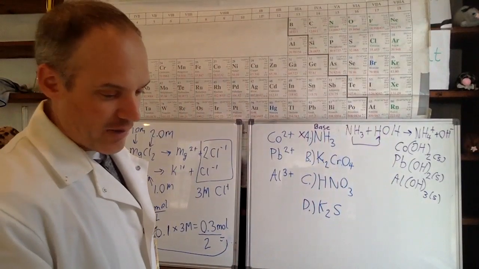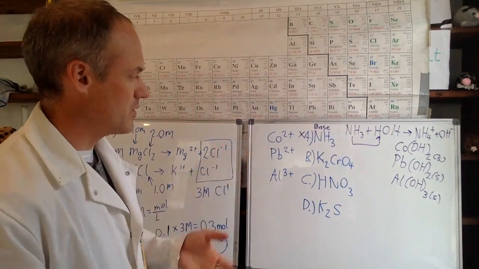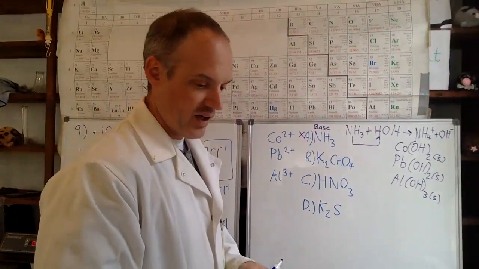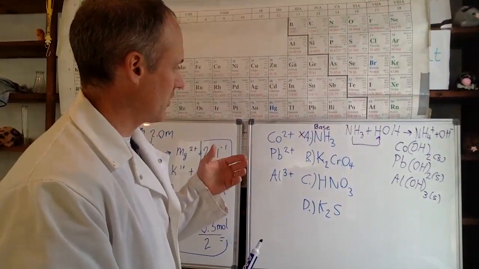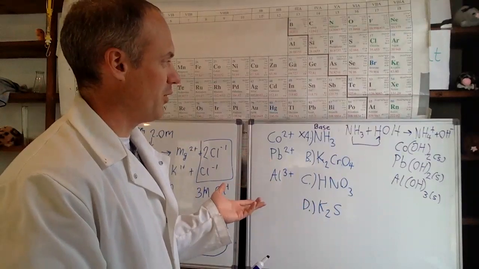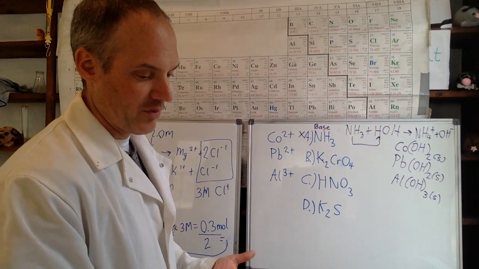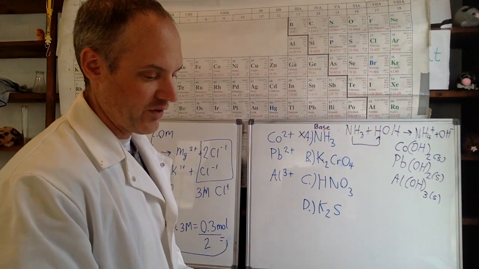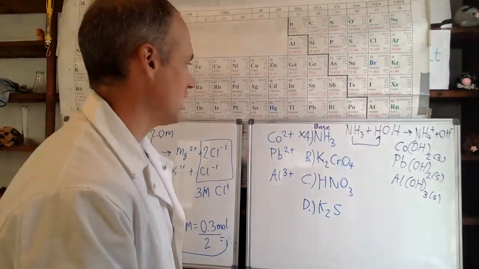So what can we say about the K2CrO4 then? In that case, we will also have the chromate being in there. Chromates are very similar to hydroxides in that you will form precipitates with those as well, with multiple ions, okay?